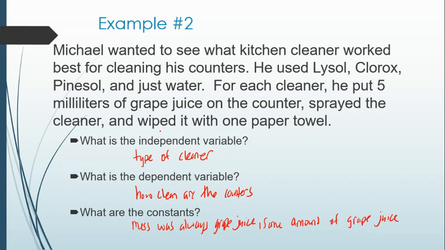We should also note that he wiped it with 1 paper towel, so the same number of paper towels. And also we should note that he said he sprayed the counter. In order for this to be a controlled experiment, he should spray the counters the same amount of times.